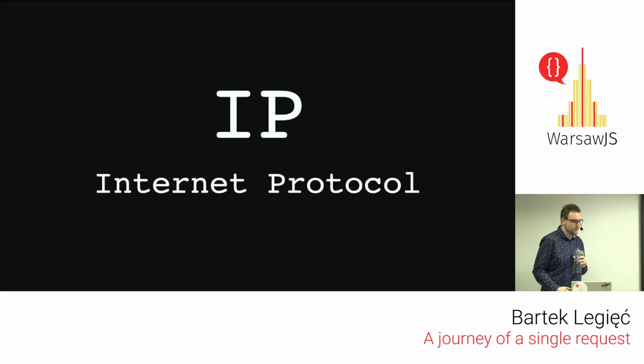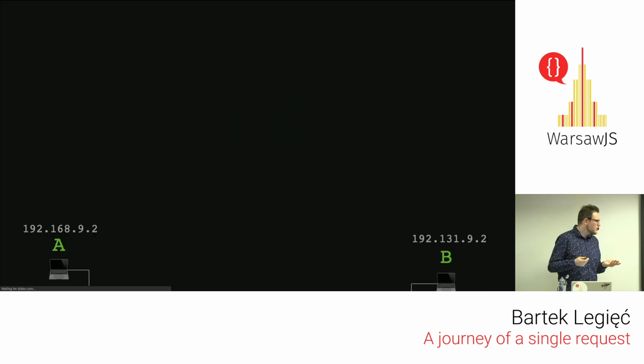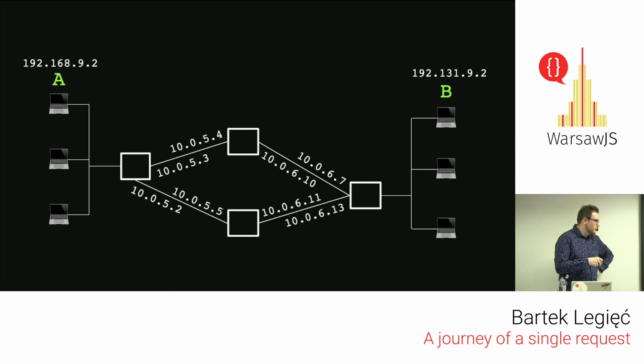IP is the Internet Protocol. And we have IP addresses. I hope that all of you know how they look. The very important thing about them is that they are routable, contrary to MAC addresses. MAC addresses are just random numbers assigned to each network device, but IP addresses have actual meaning in them because they can be structured.